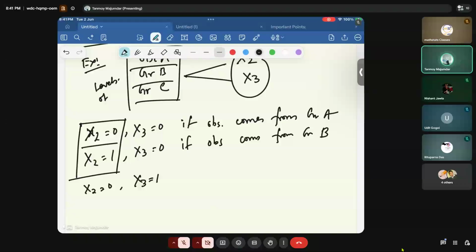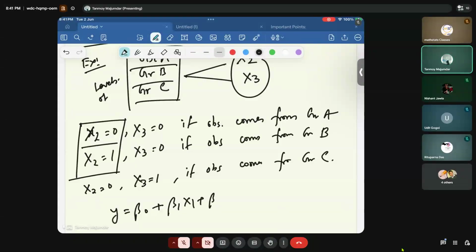So if x3 equals 1, that means group C is present, if the observation comes from group C. So now we'll have a regression model like this: y equals beta naught plus beta 1 x1 plus beta 2 x2 plus beta 3 x3 plus epsilon.